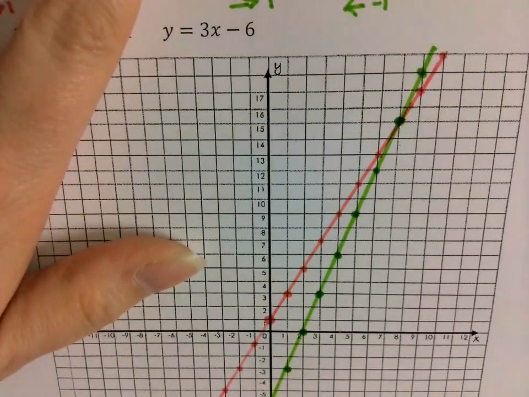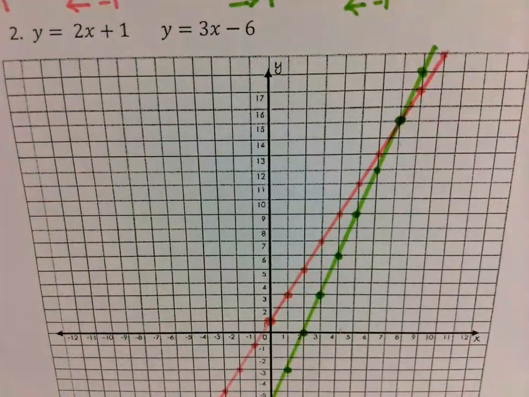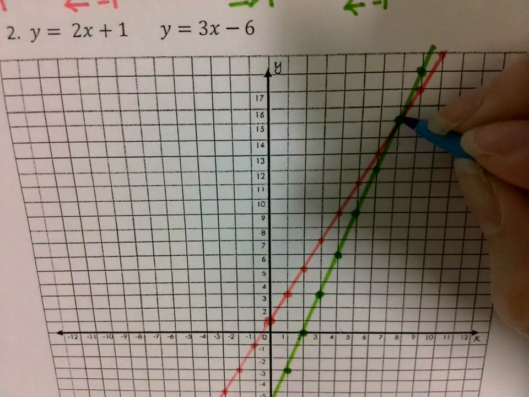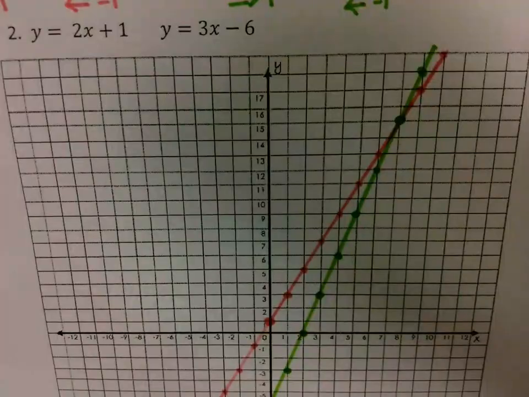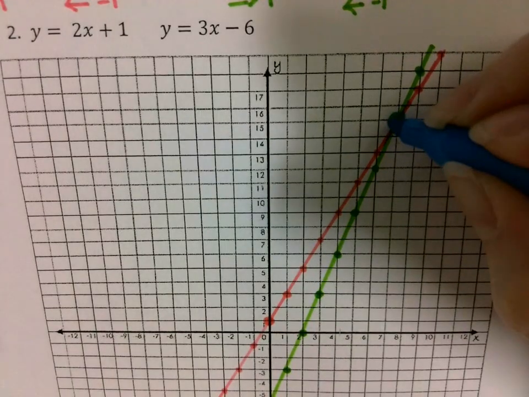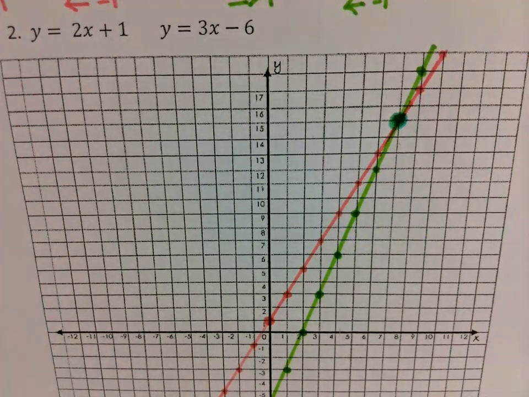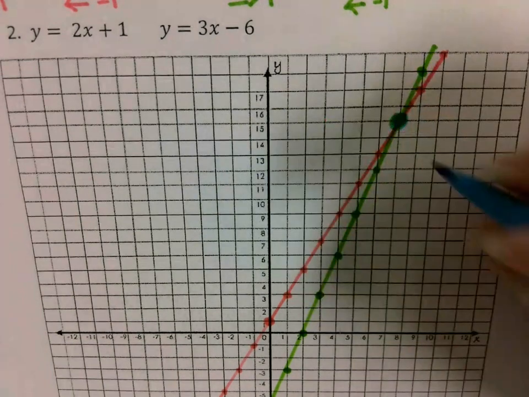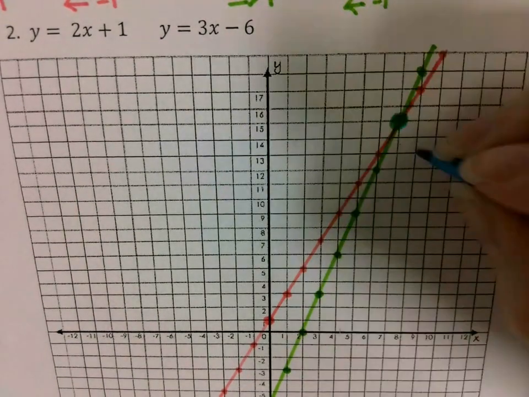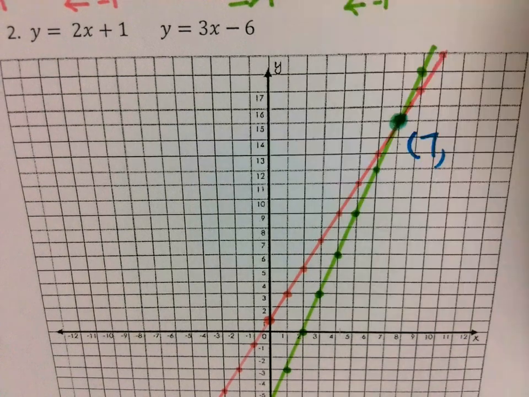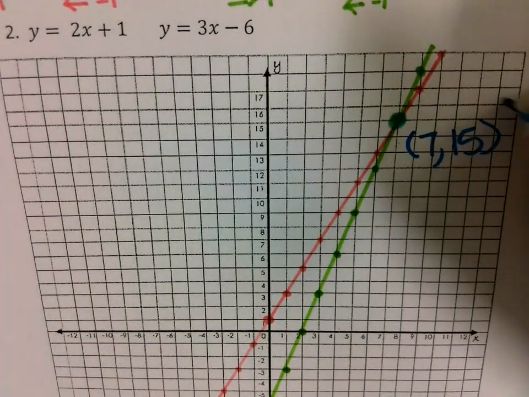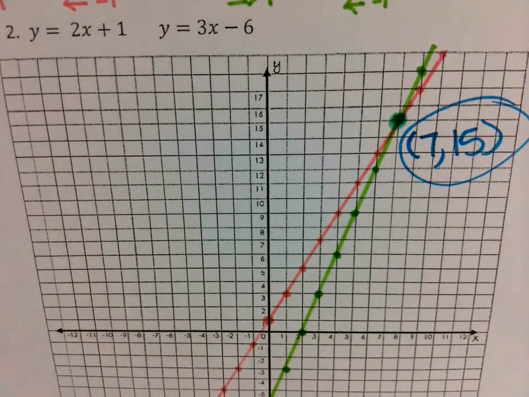It's a lot to get up to there, but it does eventually connect here at the following point. Okay, so there's our intersection. That's going to be at a positive 7 and then a positive 15. So there's our solution. Our solution is at 7, 15.